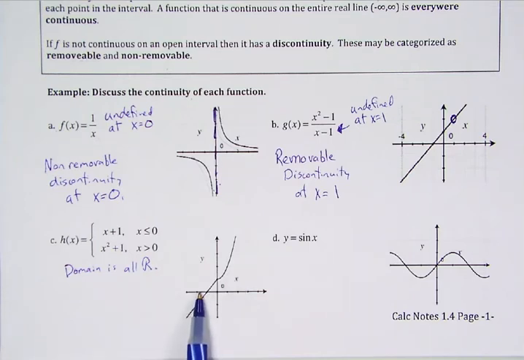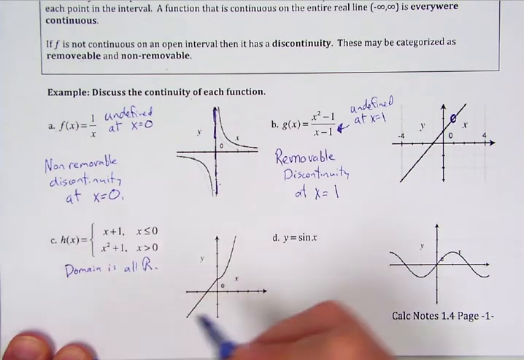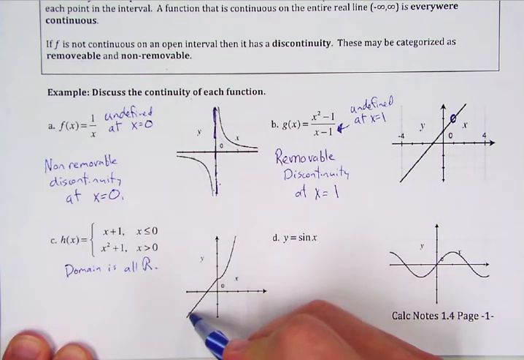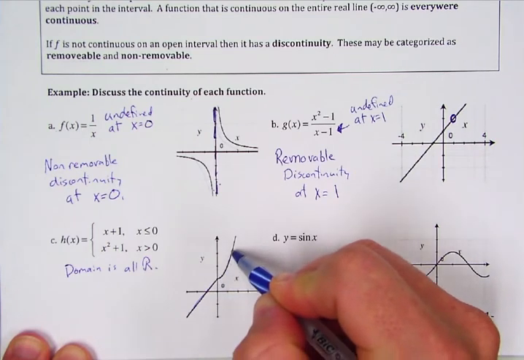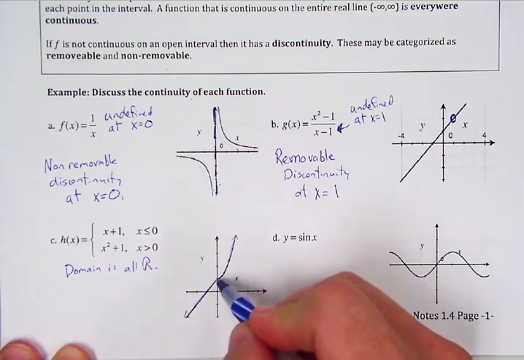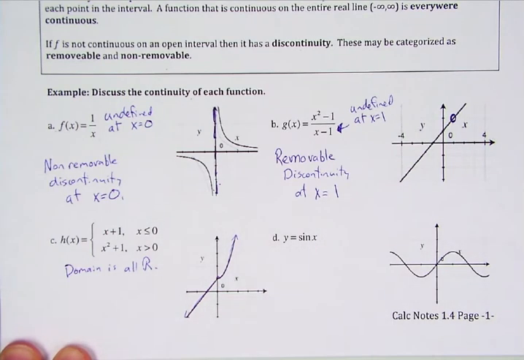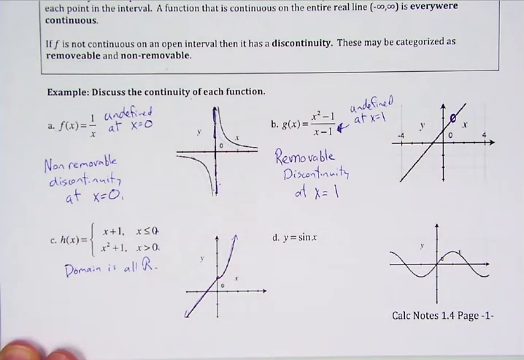So it passes the first test of f of c being defined. Next, we would want to check about the limit. Now, we know this is a straight line here, and that's going to be continuous. And we know this curve is also going to be continuous. The only place we might wonder about is right there, where this changes functions.